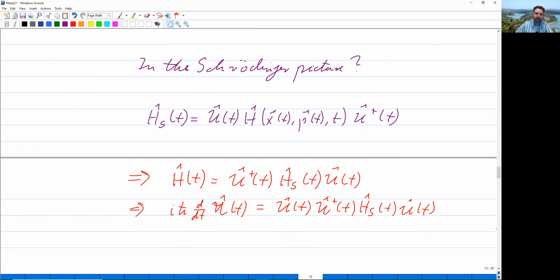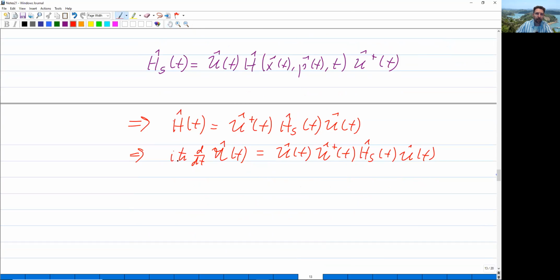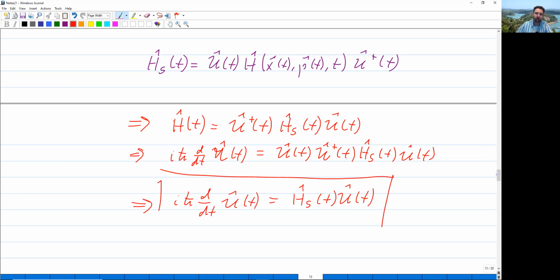And since u is unitary, this means that i h bar d by dt u hat of t equals the Schrödinger picture Hamiltonian times u hat of t. So if we want to calculate the time evolution operator in the Schrödinger picture, this is how to do it.